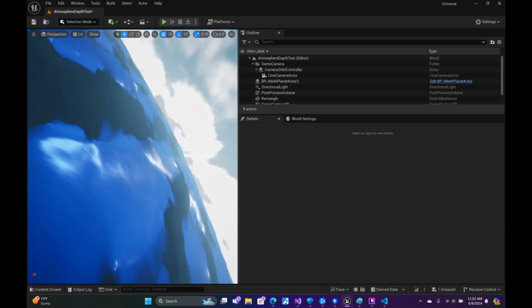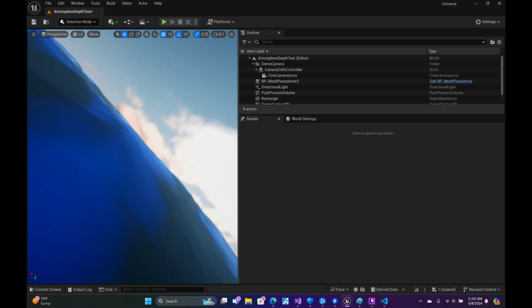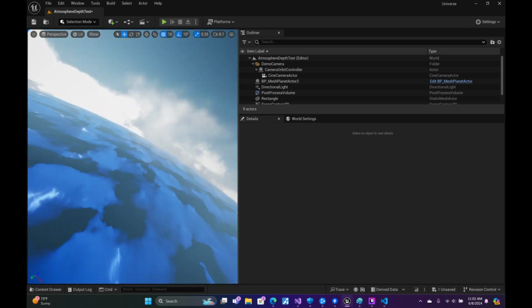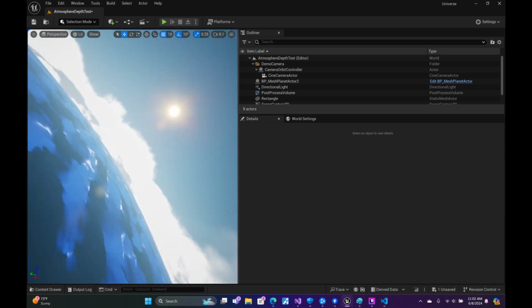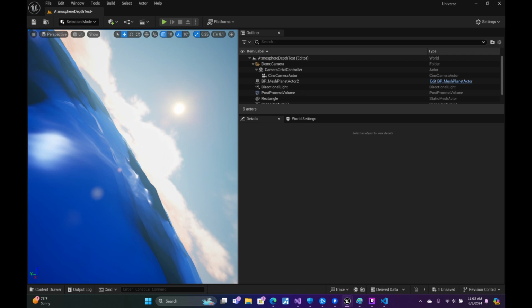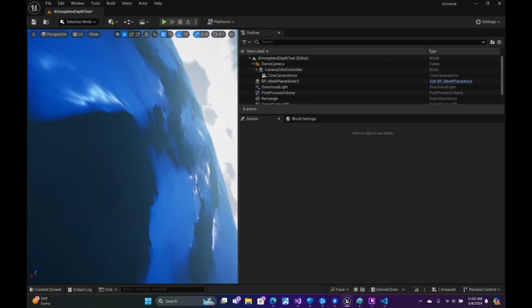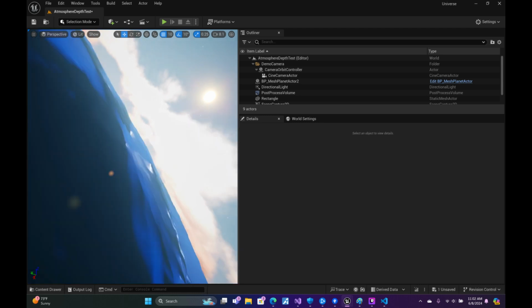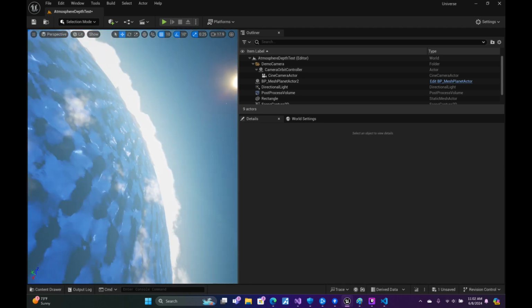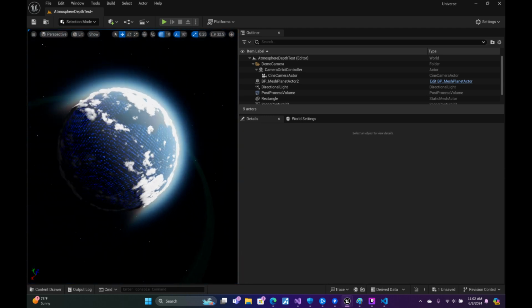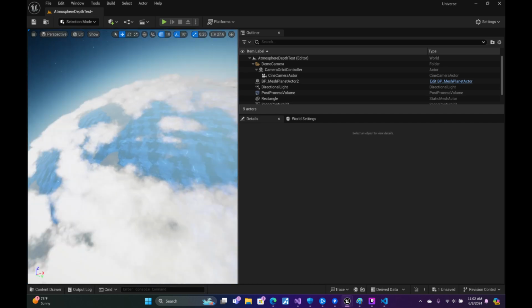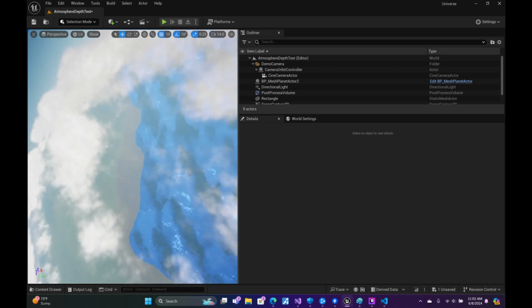Seems reasonable. Except, is it just me, or where's my light source? There it is. I don't think it's quite correctly oriented. But at the very least, we have something resembling correct normals here.